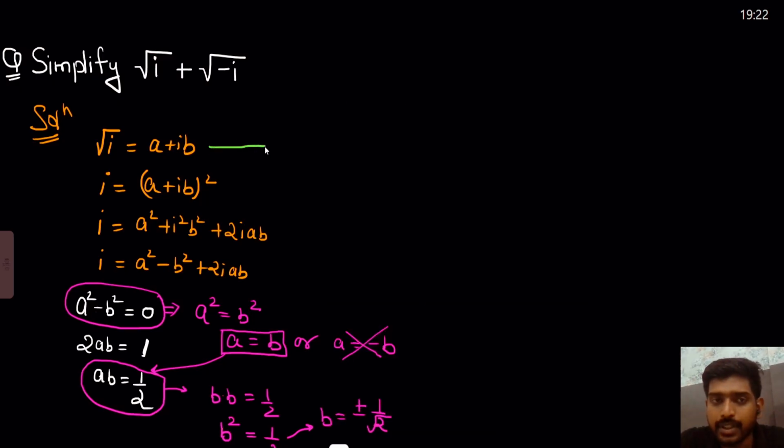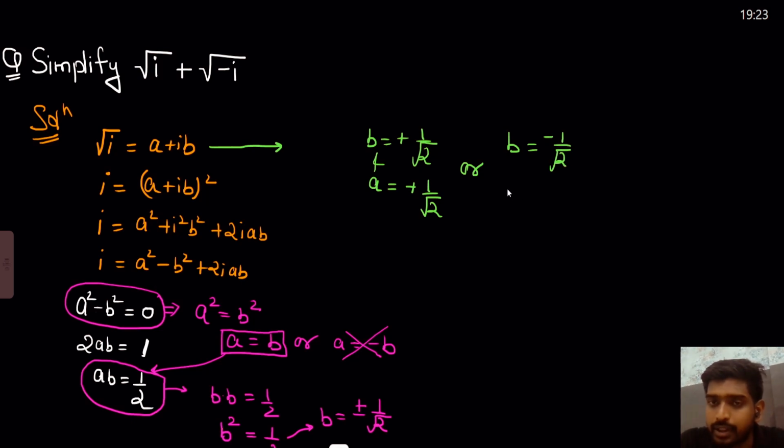Now next, when b is plus 1 by root 2, then the a value will be the same, plus 1 by root 2. Or when the b value is minus 1 by root 2, then the a value will be minus 1 by root 2.